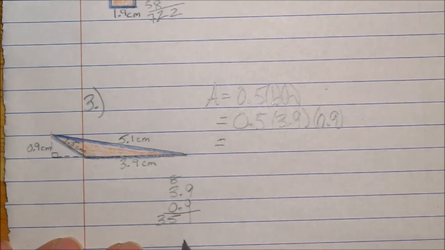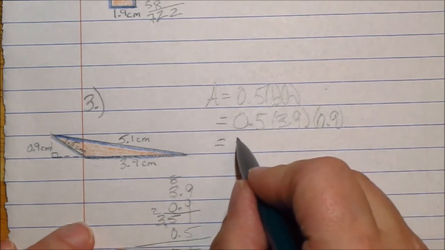And then I've got to get half of that, right? Okay, so then I've got 2 places for my decimal for these 2 numbers. And then I've got to still multiply that by 0.5.